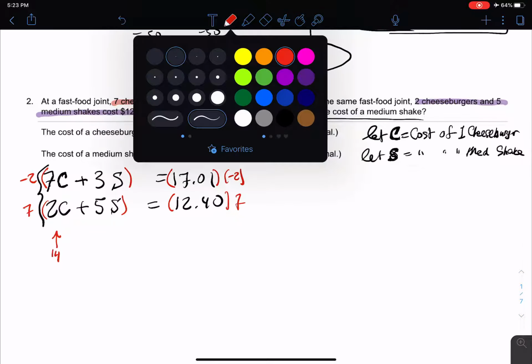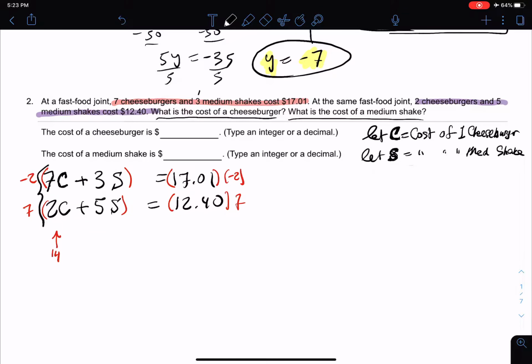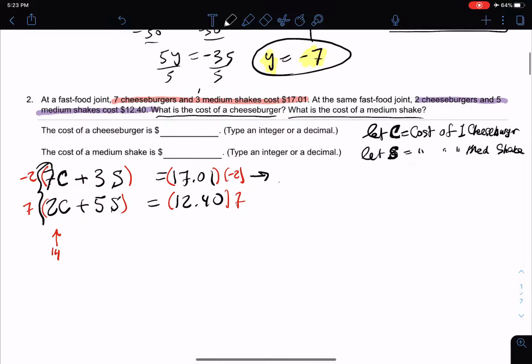And then now we can just go ahead and simplify the problem by distributing a negative 2, which gives me negative 14c. And distribute a negative 2 times 3 is negative 6s. And that is negative 2 times 17.01 gives me negative $34.02.